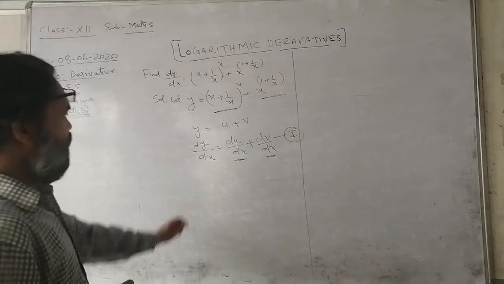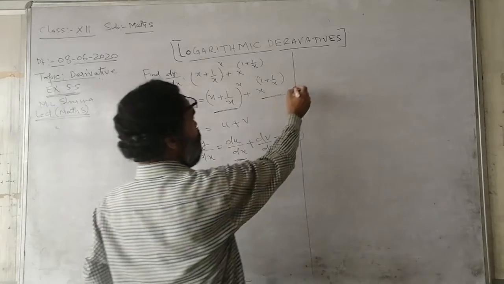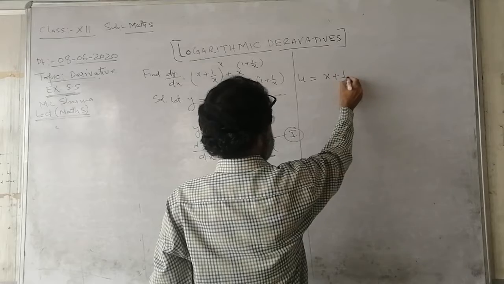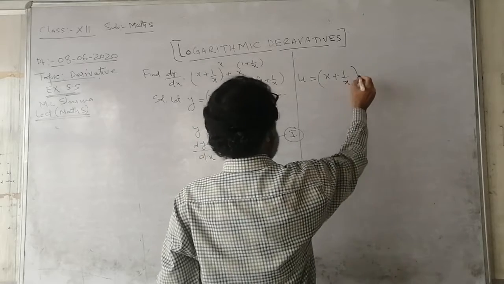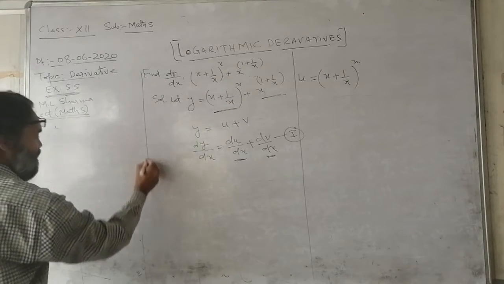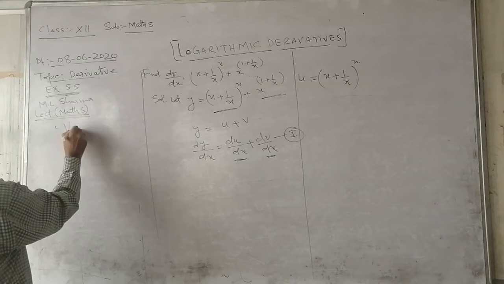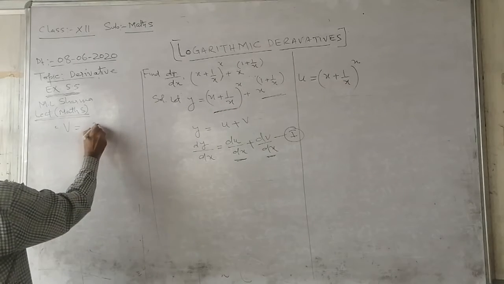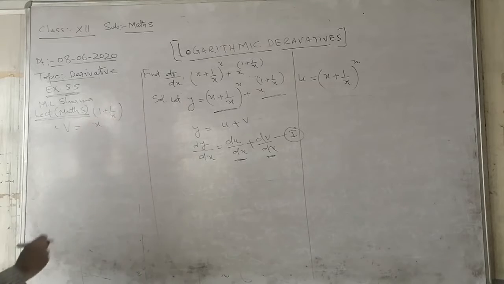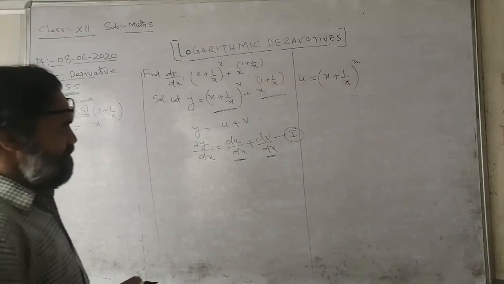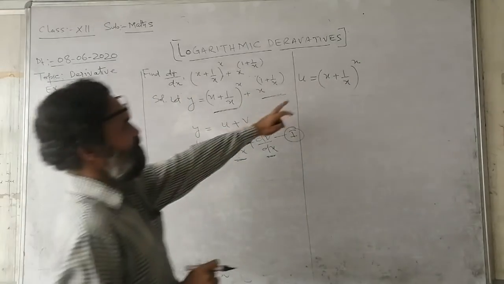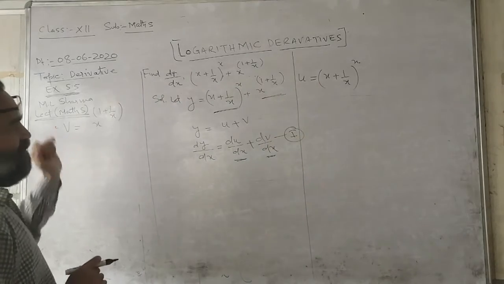So the first part, here I have put u equal to x plus 1 upon x raised to power x, and the second part I have put v equal to x raised to power 1 plus 1 upon x. So from these two equalities, I will find value of du upon dx from here and dv upon dx from here.